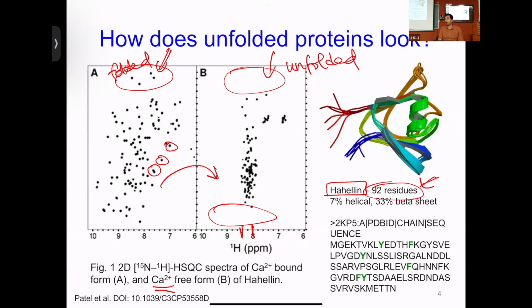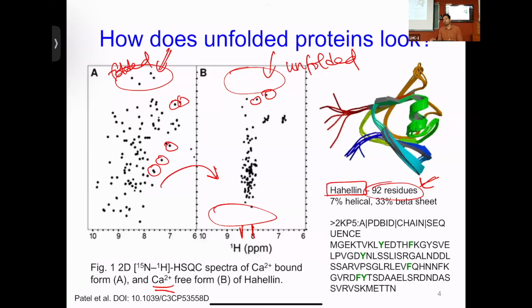And when the system undergoes a change, you can still follow those atomistic changes. You can literally assign each of these peaks to each amino acid in the protein. Therefore, if you follow what is changing and what is not changing, you'll be able to say what's happening to the entire protein.